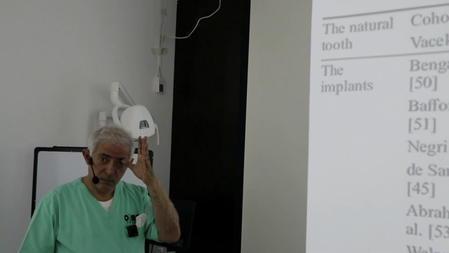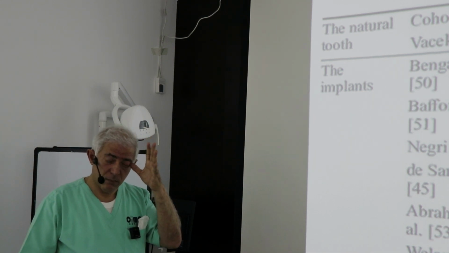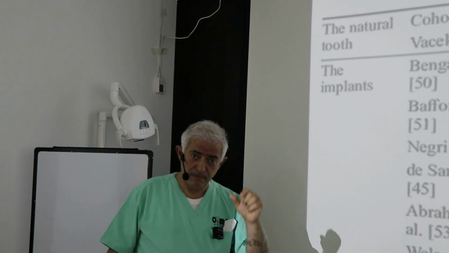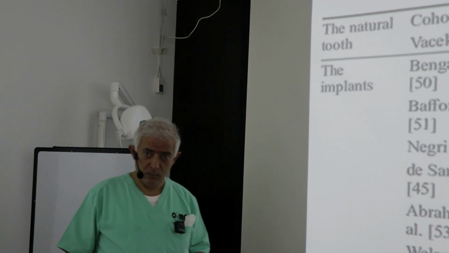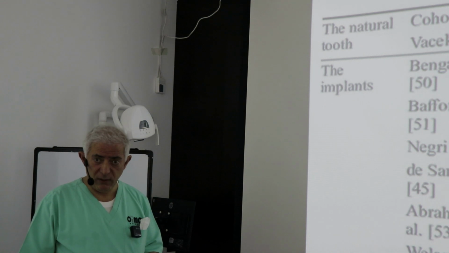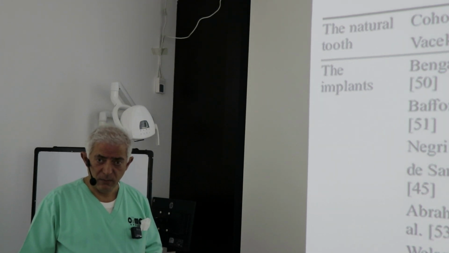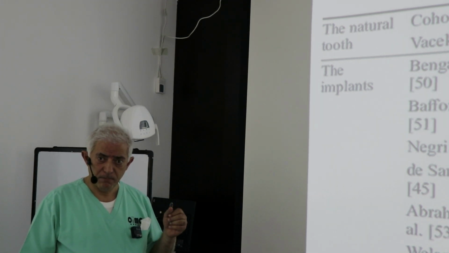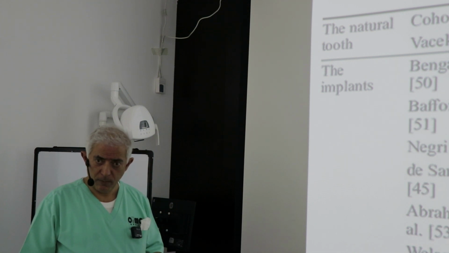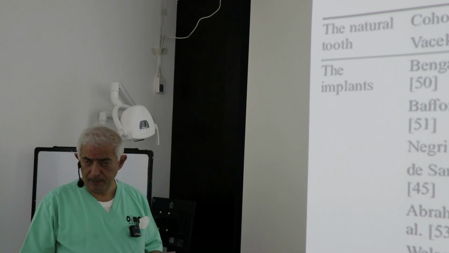I measured my soft tissue on top of the bone. It was 2 millimeter from bone level. Before I placed the implant, I measured it with a probe after anesthesia. Does that mean I need to place my implant 2 millimeter below the bone? 3.